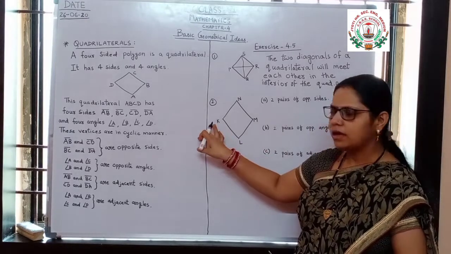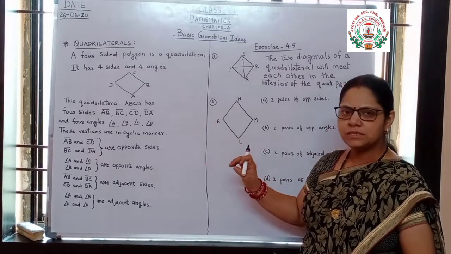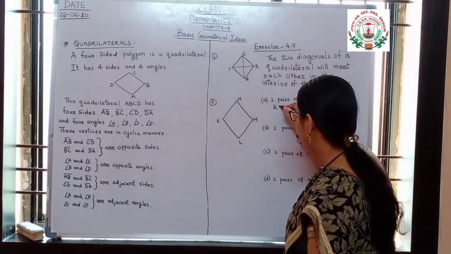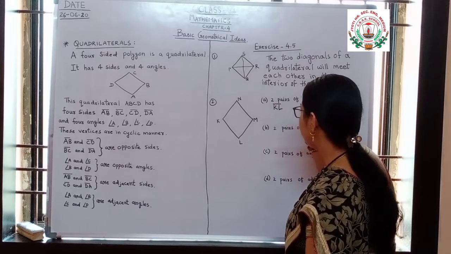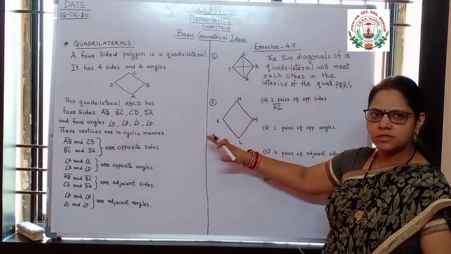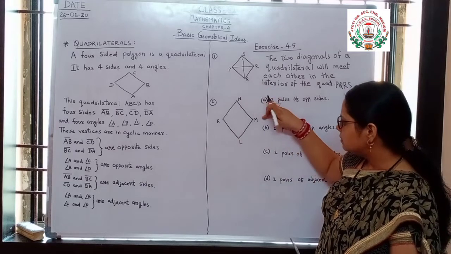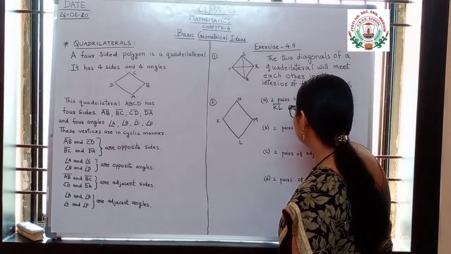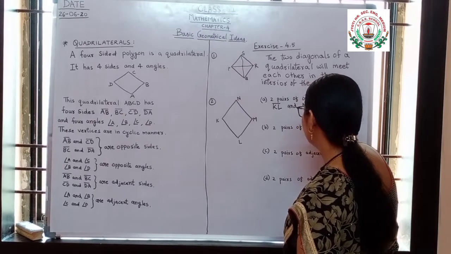Starting from K. So KL is the first line segment. So write down KL. This is the first side, and its opposite to it, just in front of that, is starting from M to N. MN.